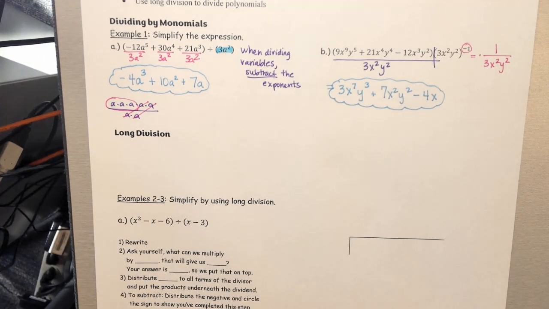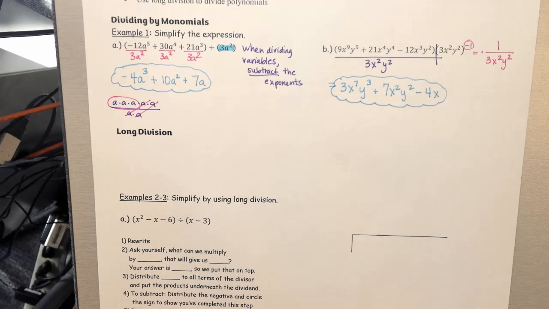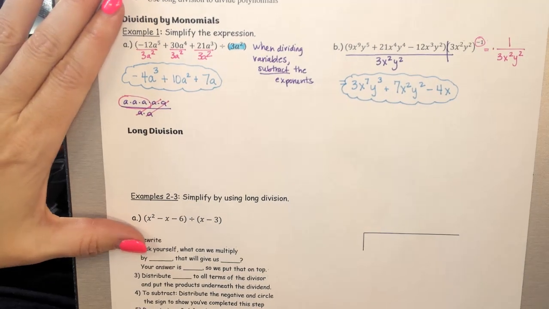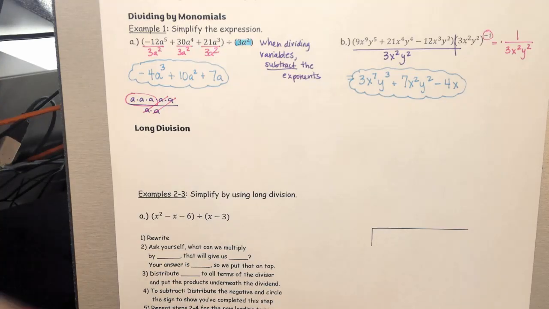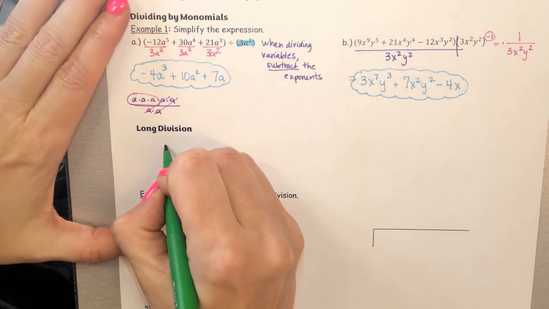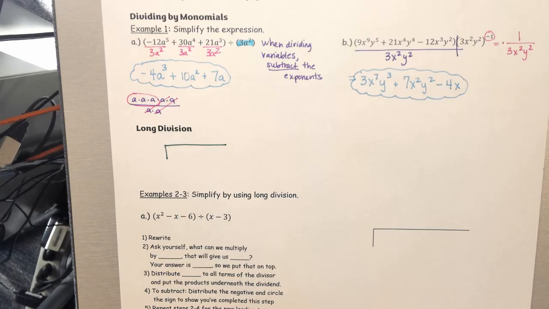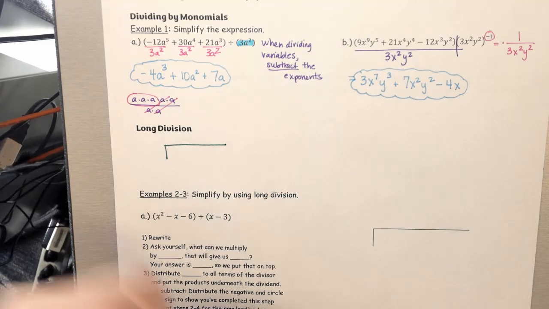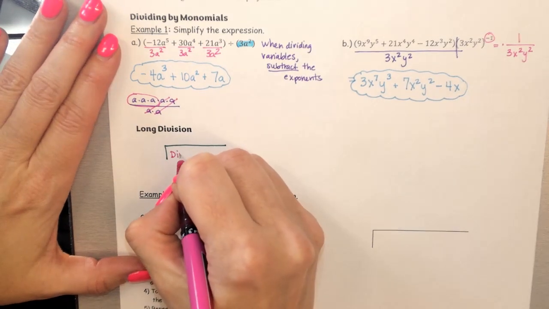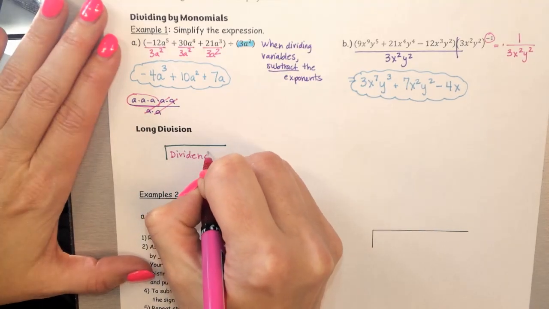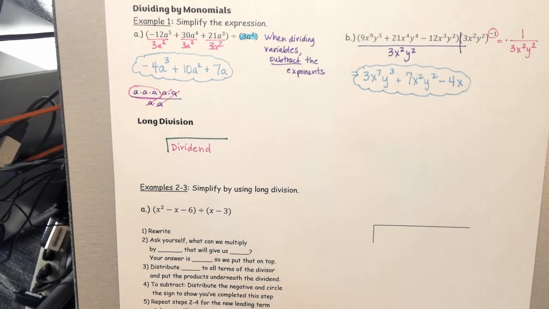Okay, nice work. So when we are doing long division, when you are setting up long division, we have this division symbol here. The value that goes underneath is called the dividend. Okay, it's the value that's being divided.